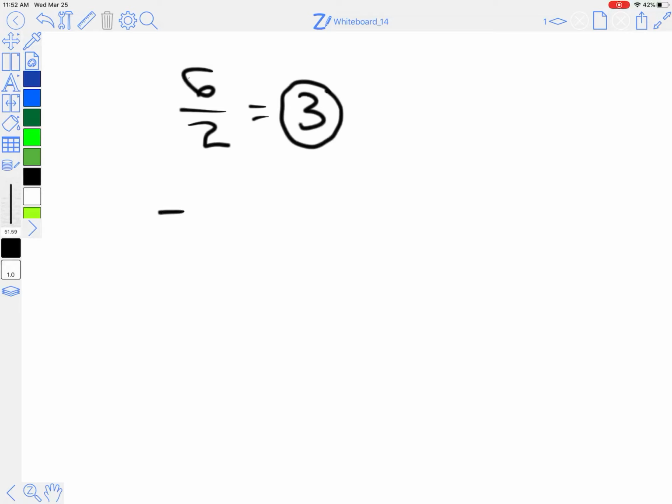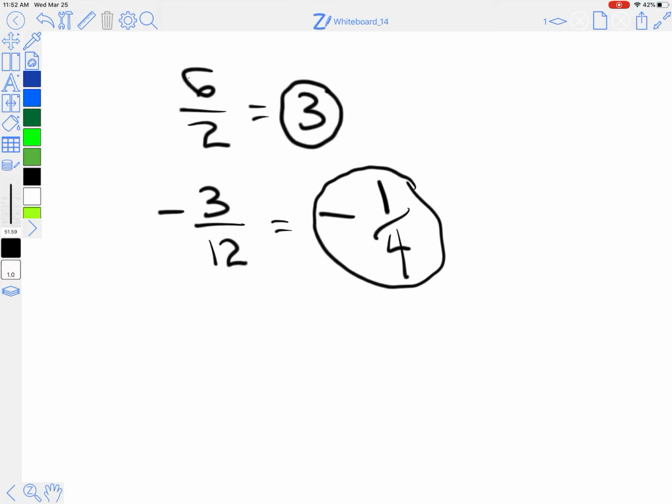Let's maybe say a negative 3 over 12. Well, you should realize that negative 3 over 12 can be simplified. A negative over positive is still a negative answer, but 3 over 12 can be simplified to 1/4. So negative 1/4 is what you should put in for that answer.